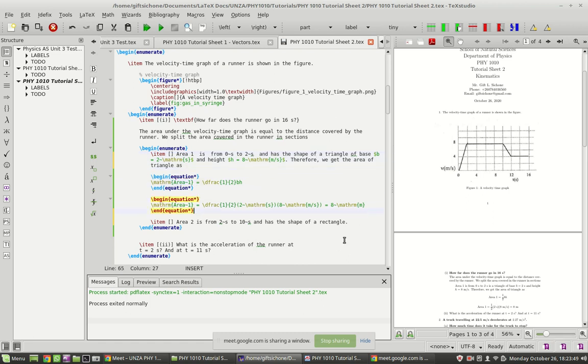Okay. So if it's a rectangle, then we talk about length and breadth. The length of the rectangle is how much?